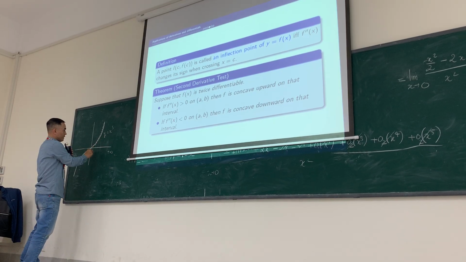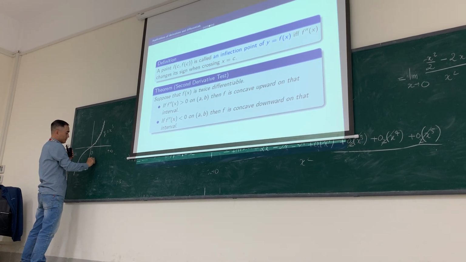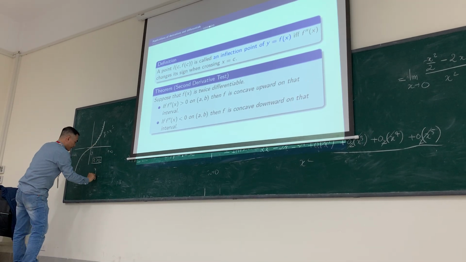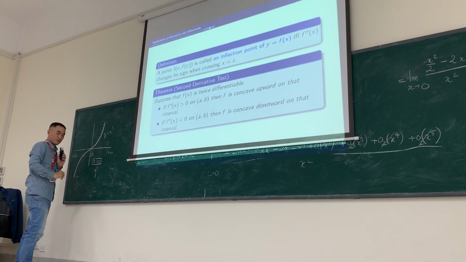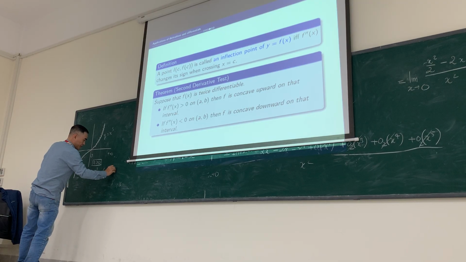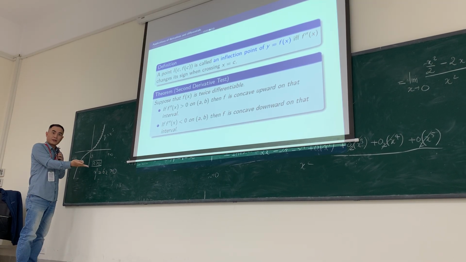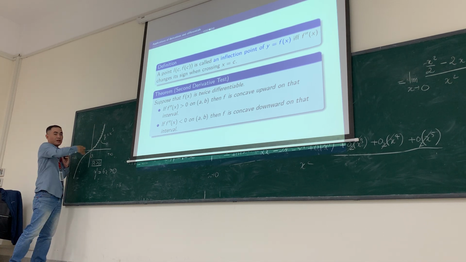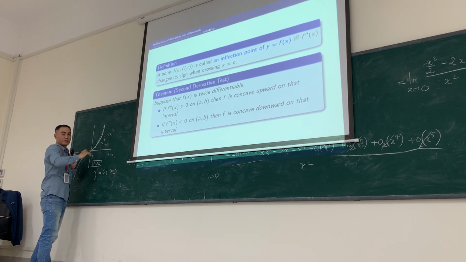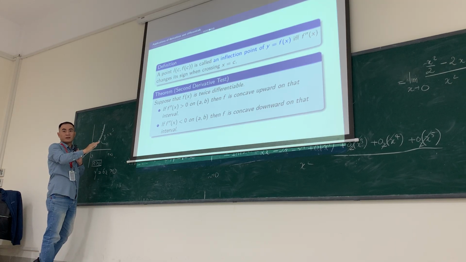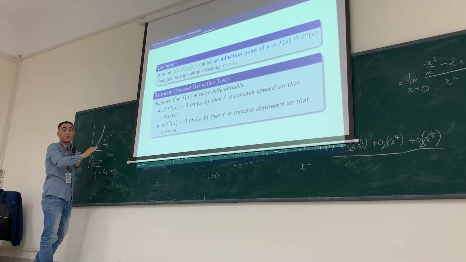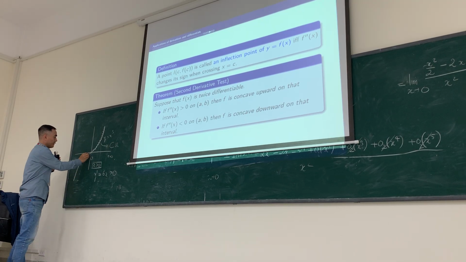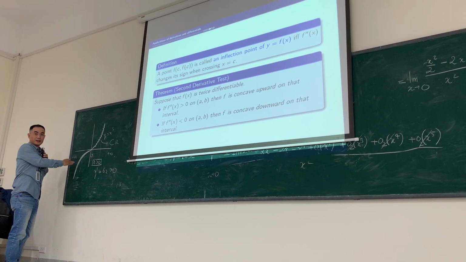Now, I think it is very easy. If x is positive, you want to check the second derivative. What will it be? 6x is positive. So in that case, the graph of the function on the first interval is concave upwards. Similarly, on the other interval it is concave downwards.